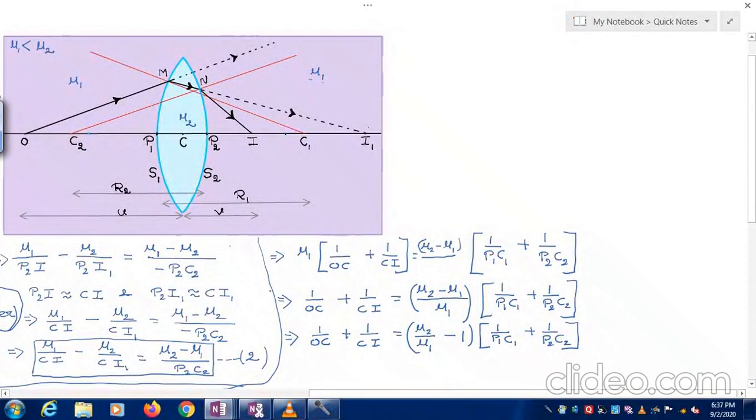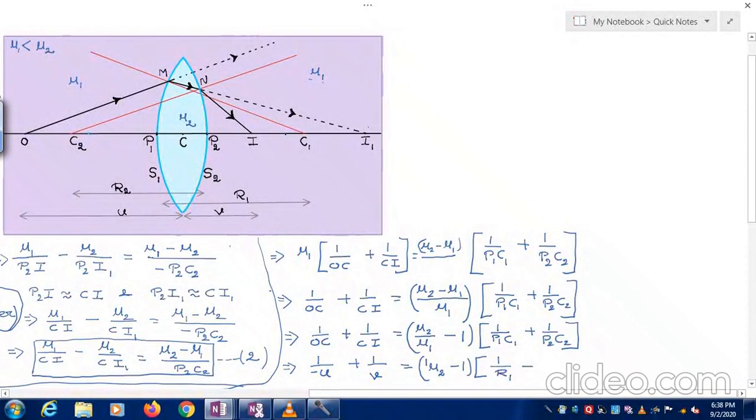Now let us put all these values for the lens. This implies 1 divided by OC, the object distance, that is minus U, plus 1 divided by Ci, the image distance, that is V, is equal to mu2 divided by mu1, which we can write as mu2 1 minus 1, into 1 by P1 C1. P1 C1 is equal to R1, the radius of curvature of the first surface, minus, as P2 C2 is minus R2.